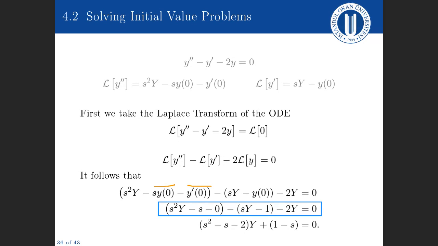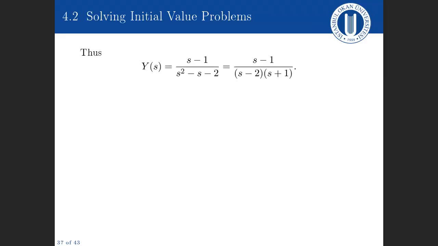Or rearranging this to put all of the Y terms together, this is the same as s squared minus s minus 2 capital Y plus 1 minus s is equal to 0. Rearrange this a little bit further. That's the same as capital Y is s minus 1 over s squared minus s minus 2, or s minus 1 over s minus 2 multiplied by s plus 1.